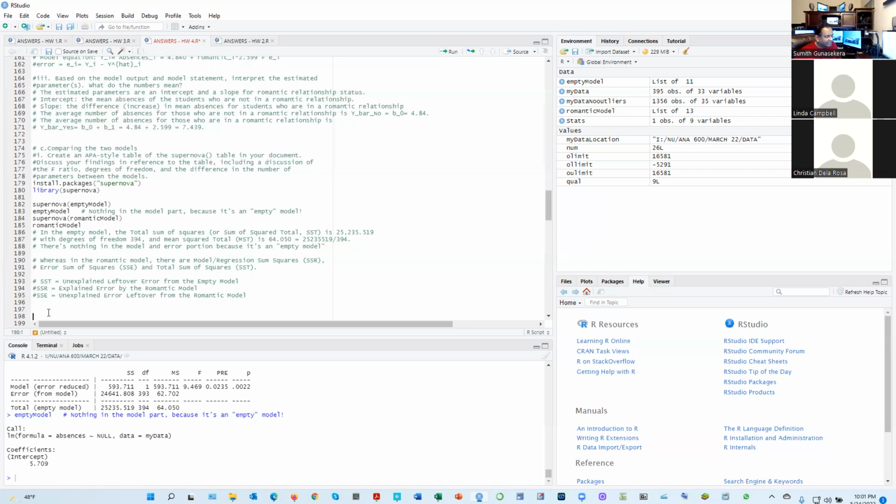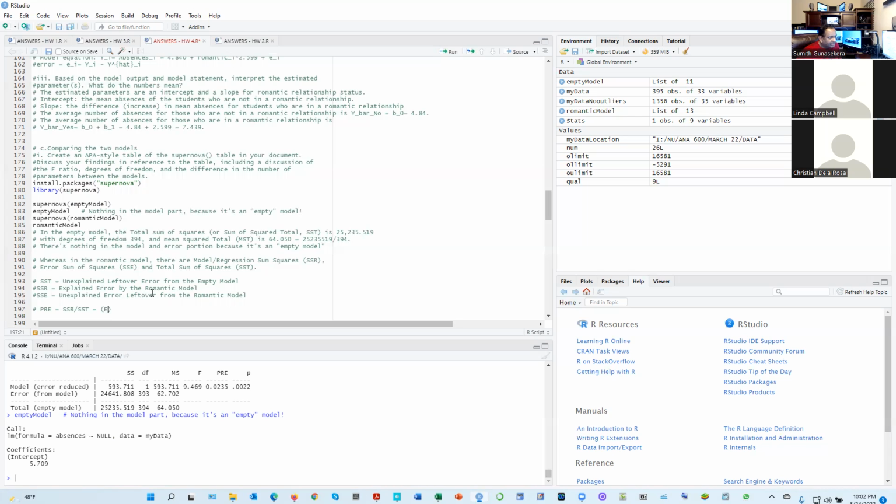So if you want to look into it, R squared is nothing but sum of square regression divided by sum of square total. That means what?